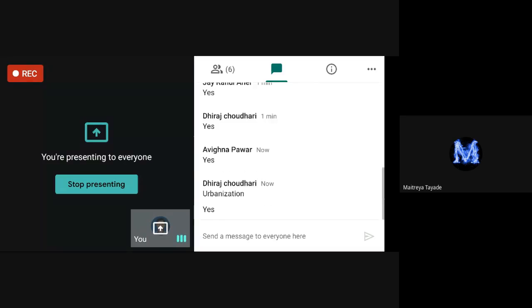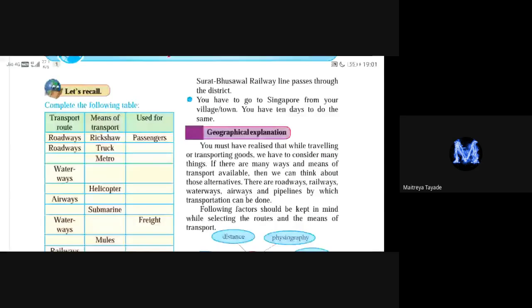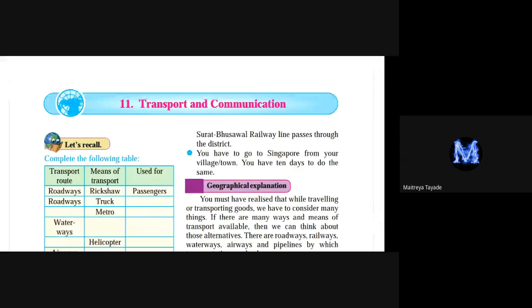Do you know which is the next lesson, or have you not gone through it? Okay, so you don't know. Here is your next lesson: transport and communication.